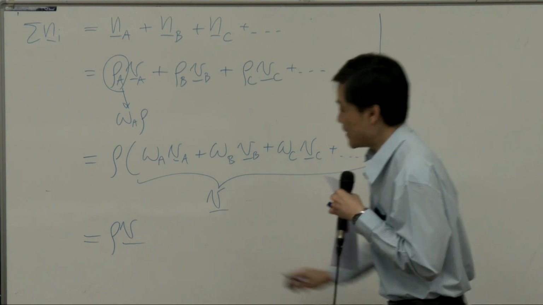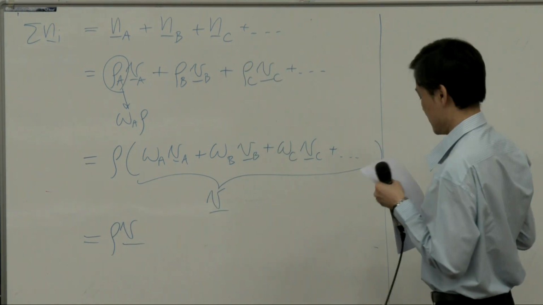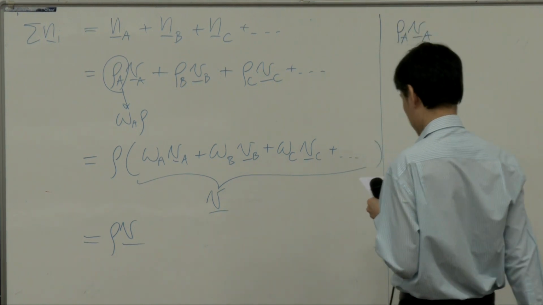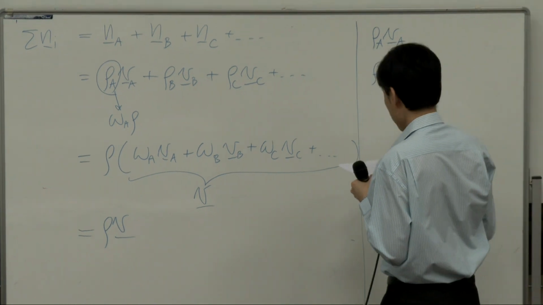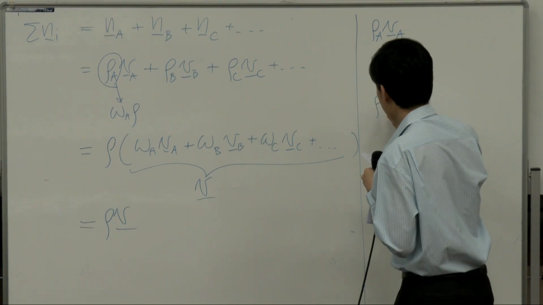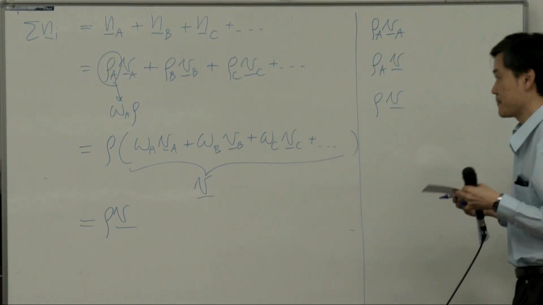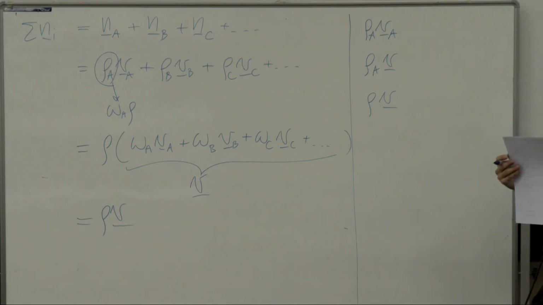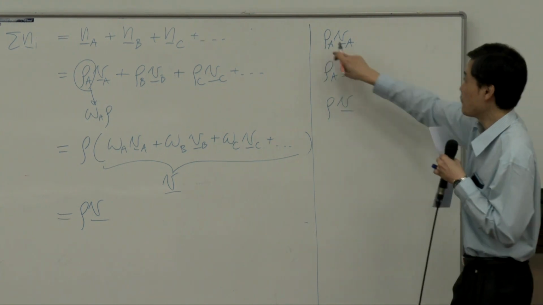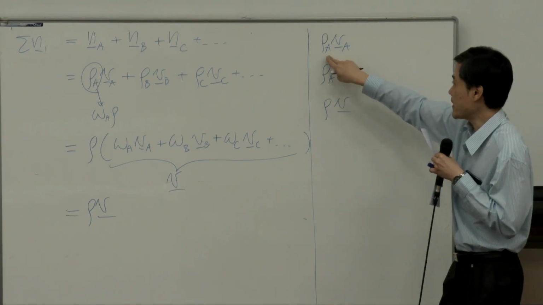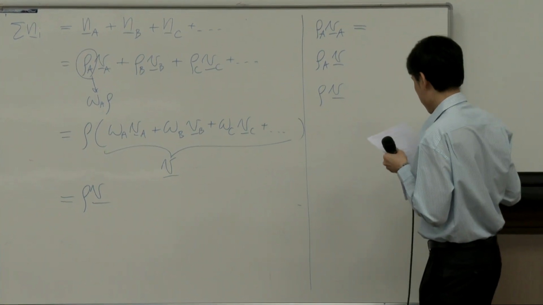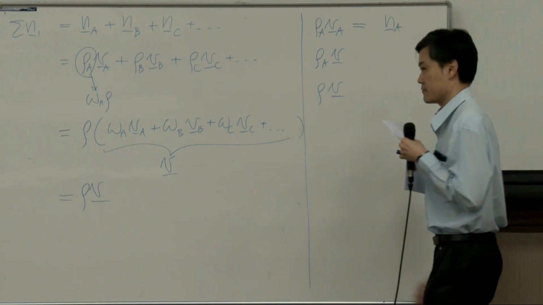Now we have seen this combination 3 times. First is rho A VA. Then we have rho A V. And lastly, we have rho V. They are different, and you have to make sure you can distinguish them. Rho A VA, the property of A, that's the combined flux of A. That's NA.